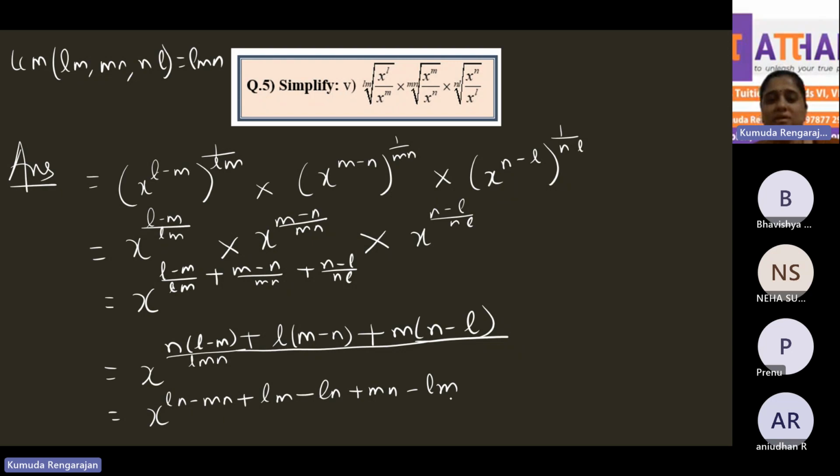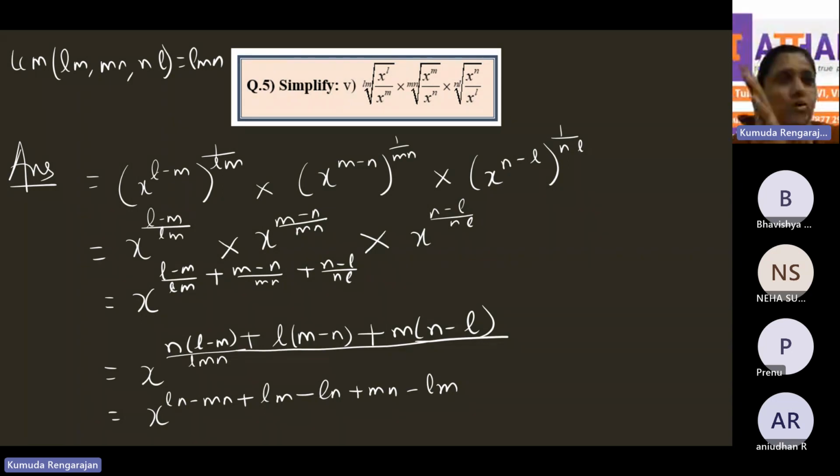Why I'm saying we'll write in the alphabetical order is because sometimes we'll have LM and ML, but we fail to recognize that they are the same. You will have LM and ML, plus minus. You can cancel it. But sometimes we can't identify that they are the same. They look different to you and you'll be wondering why you're not getting the answer.